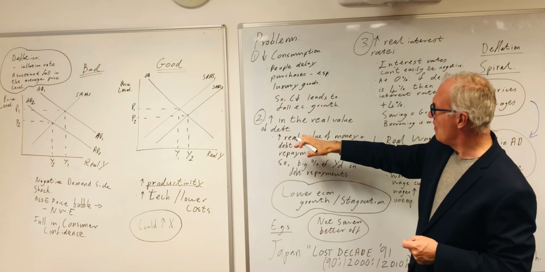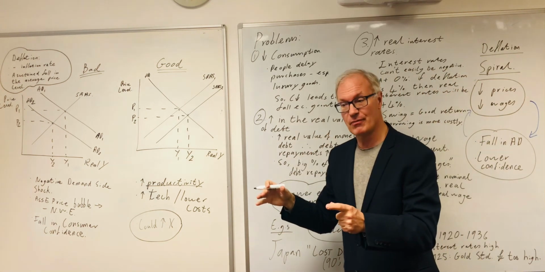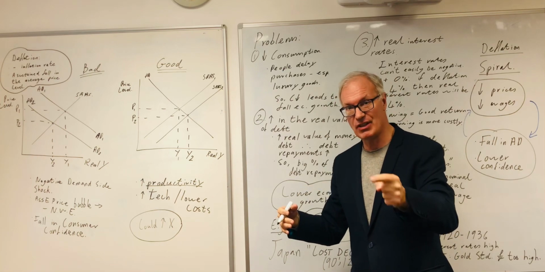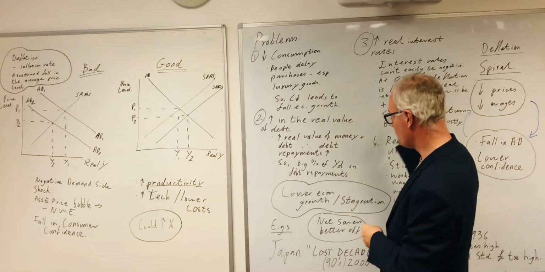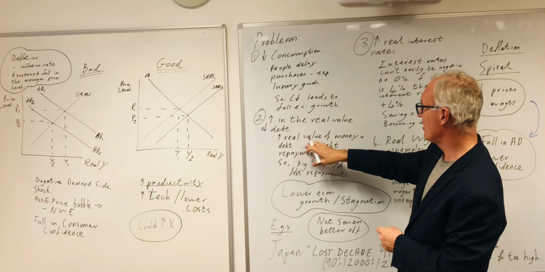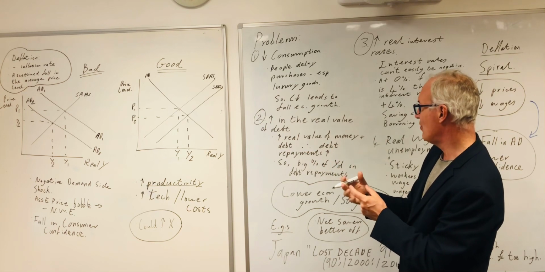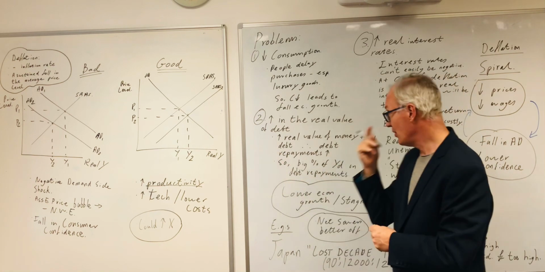Secondly, it's likely to increase the real value of debt. So the opposite of inflation, if you look at the consequences of inflation, this is in a sense the opposite, with a caveat too, which we'll come to. But it'll increase the real value of debt. There'll be an increase in the value of money, and therefore the value of debt will increase in real terms.